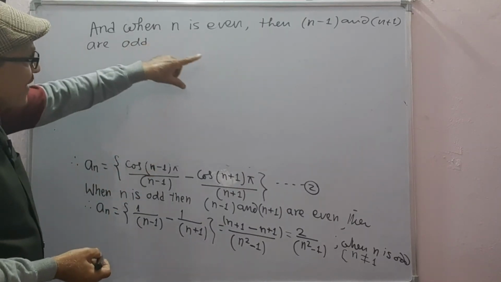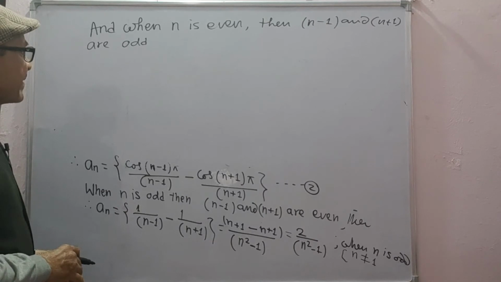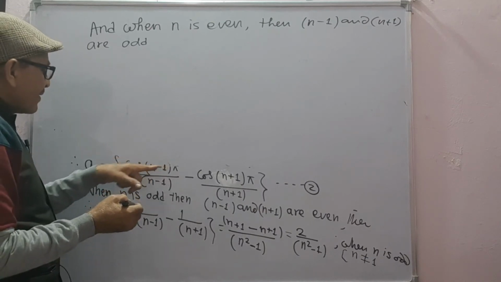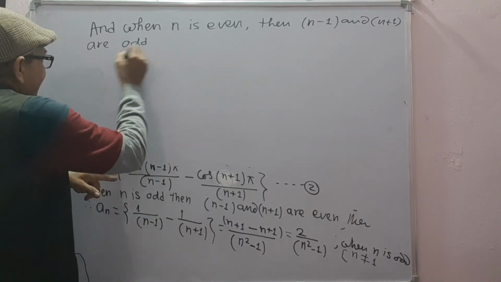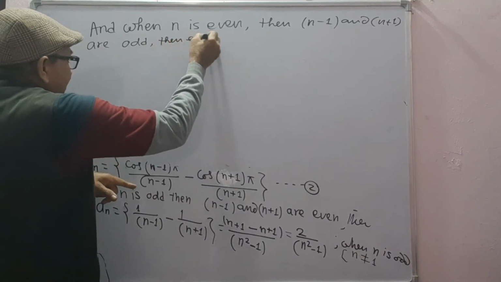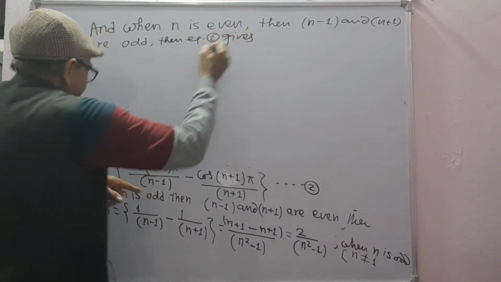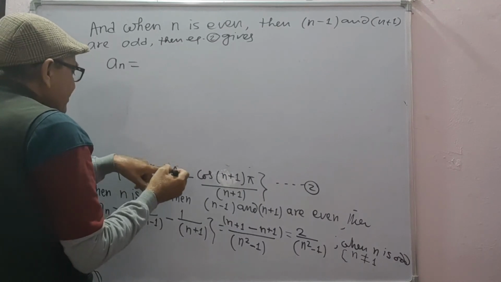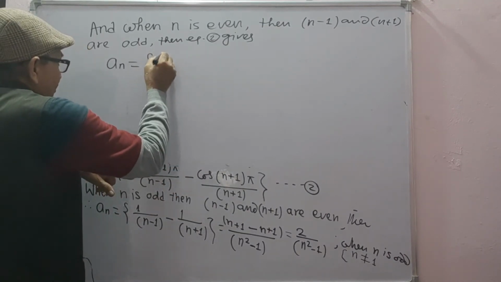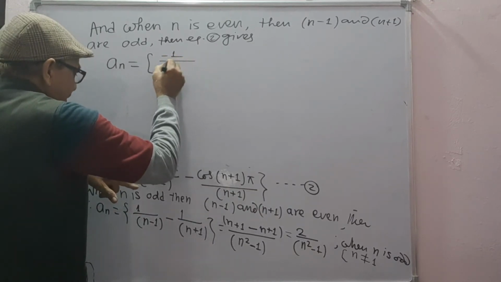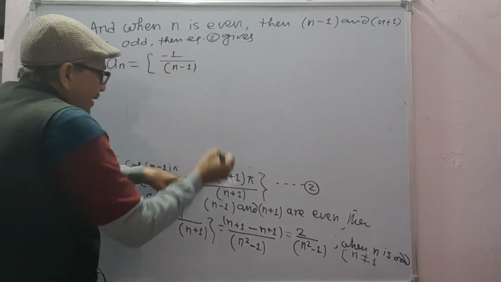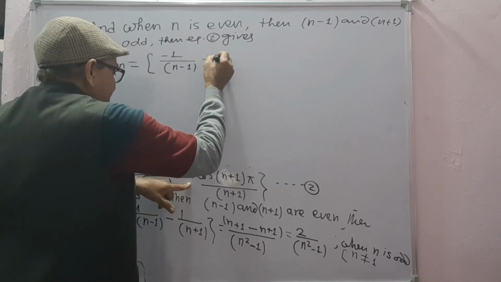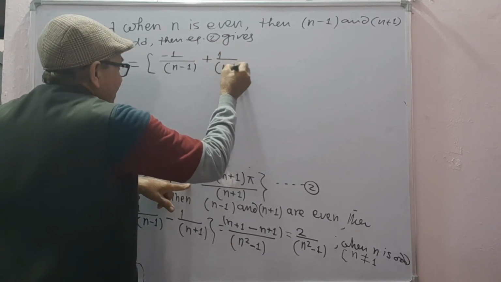In this case, when n is even, then n plus 1 and n minus 1 both are odd, and cos odd pi is minus 1, therefore equation 2 gives an is equal to minus 1 upon n minus 1, and this is again minus 1, minus minus becomes plus 1 upon n plus 1.